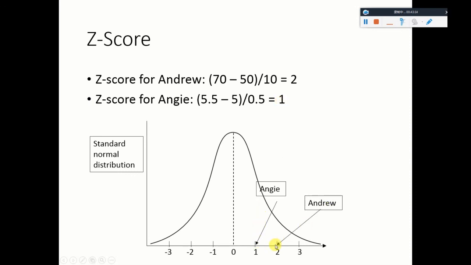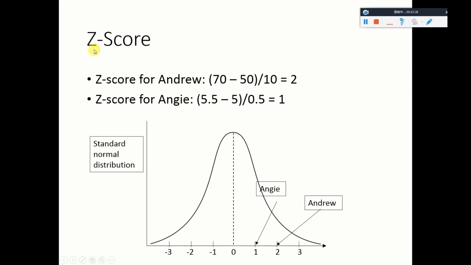So obviously Andrew is above the mean by 1 more unit than Angie is. Angie is above the mean by 1 unit, whereas Andrew is above the mean by 2 units. So Andrew is the better applicant here.